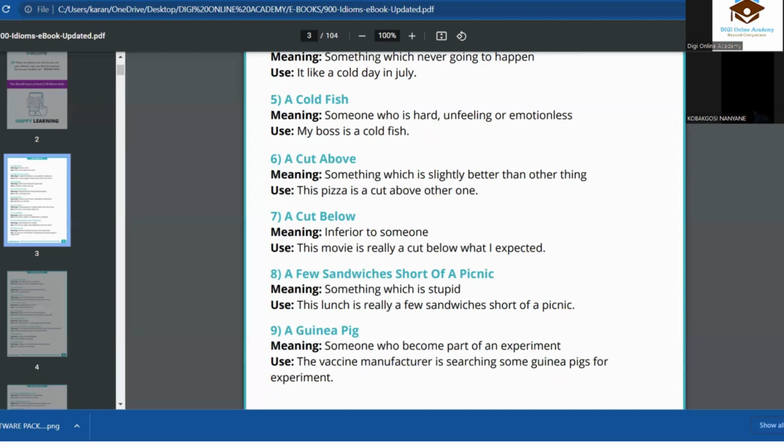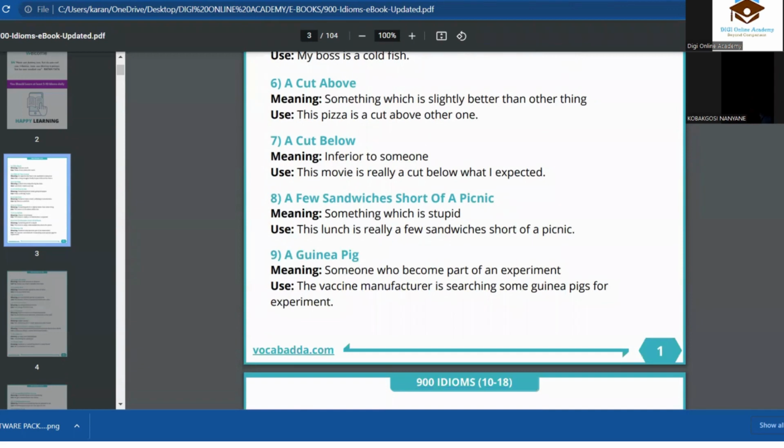Okay. Now next one. Can you read for me? A genius pig. Okay, fine. Now, do you have Google Chrome or any browser on your phone? Quickly go there. Type this.